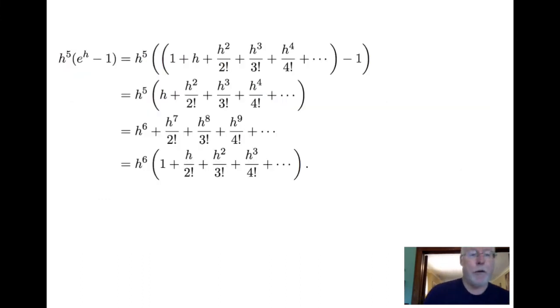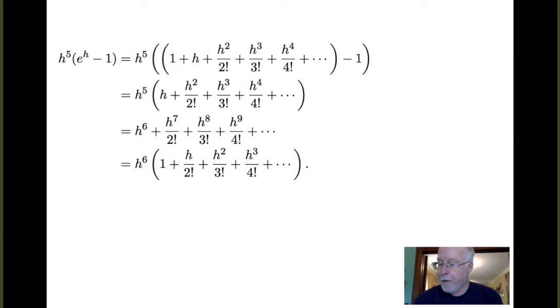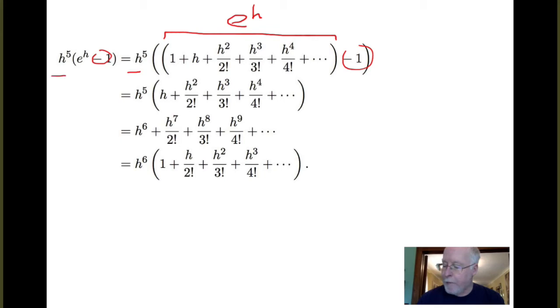So here's what that looks like. Up here we see our series part. There is the series for e to the h, that is e to the x with x replaced by h. We then subtract the 1, that's what we see here, and then we have the h to the fifth multiplier in front.